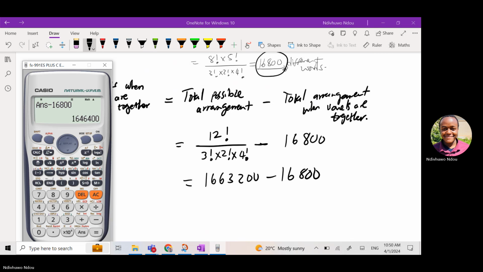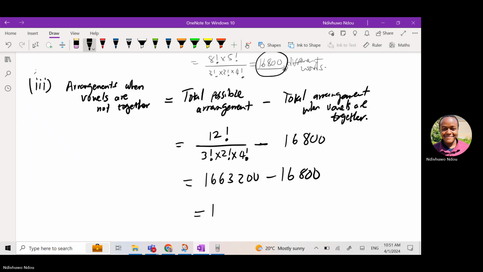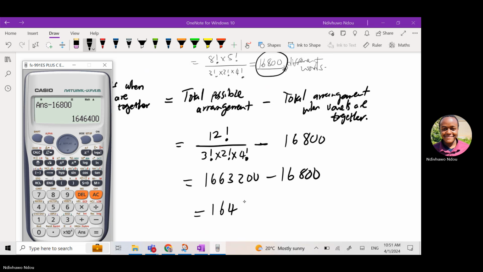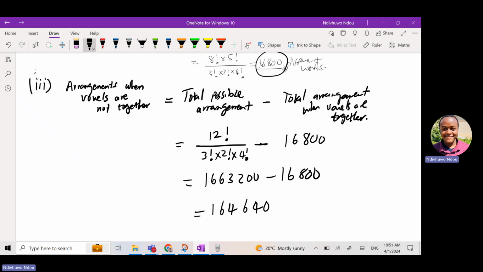So it's going to be 1,646,400. Okay, different arrangements that are possible when the vowels are not together.